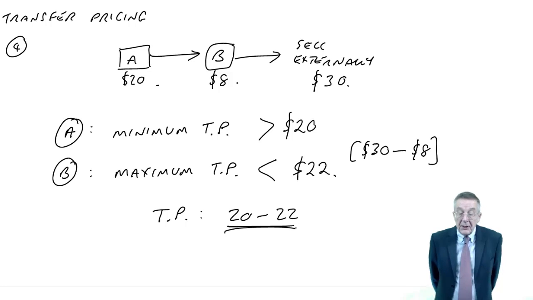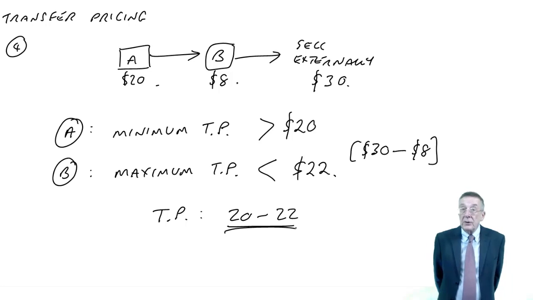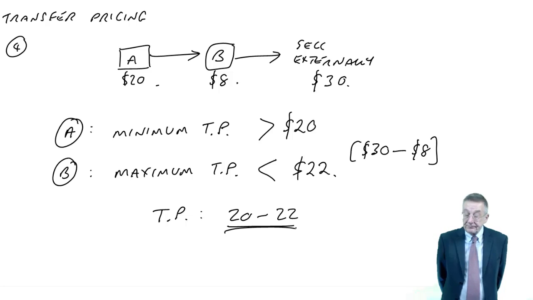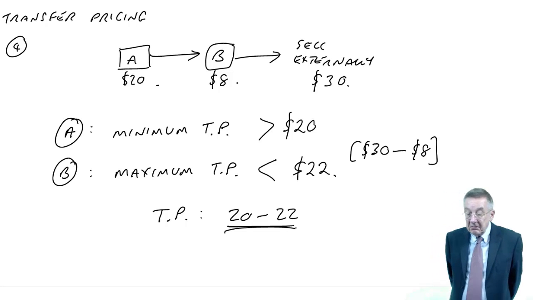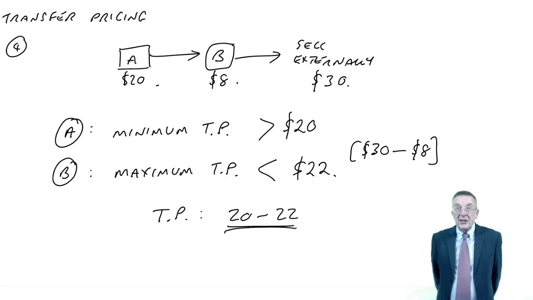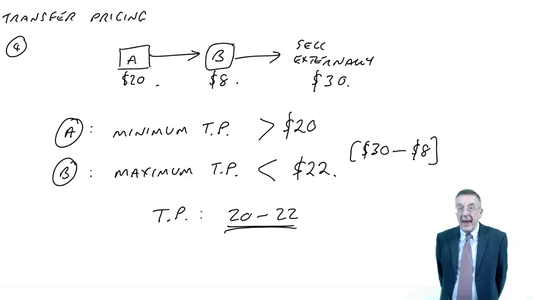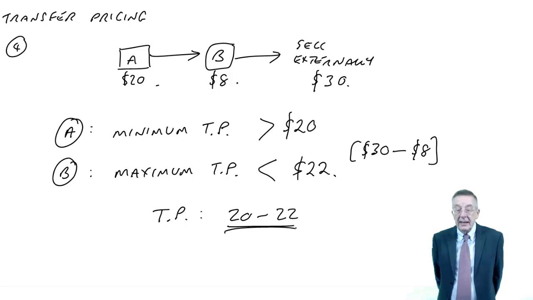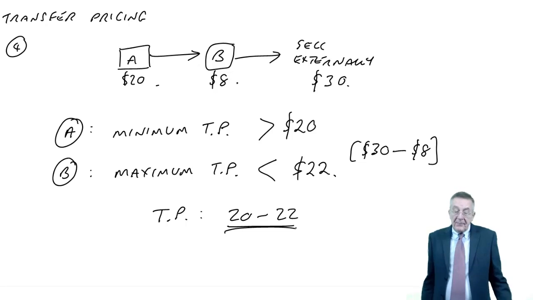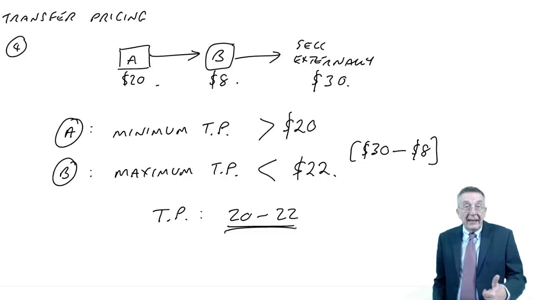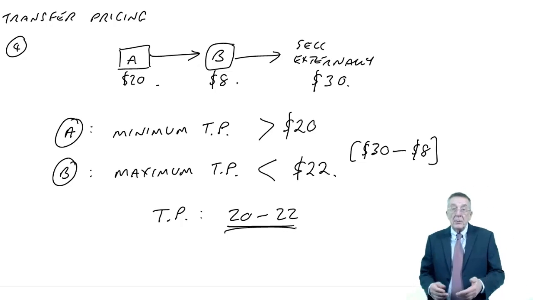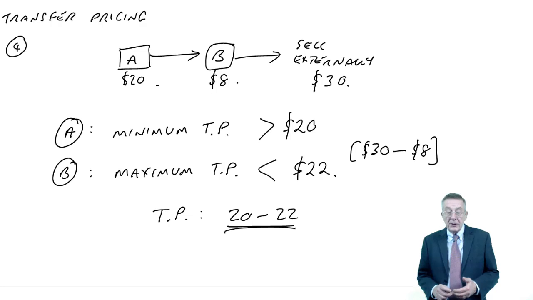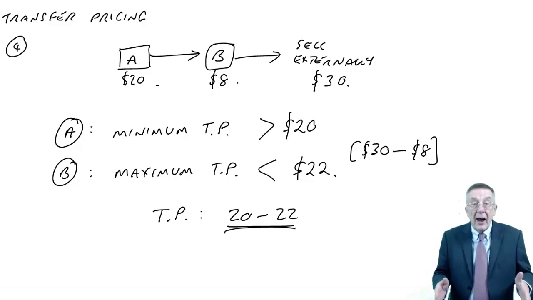The product will be produced, and that's automatically good for the company as a whole. Some people get very annoyed at putting 20 to 22. If the transfer price is 20, A makes no profit, perhaps they're not motivated. But even if it's $20.01, it's profitable for A, so they will be motivated. That's not how we write it, though. A sensible transfer price is a range.